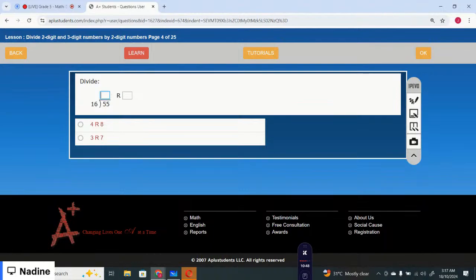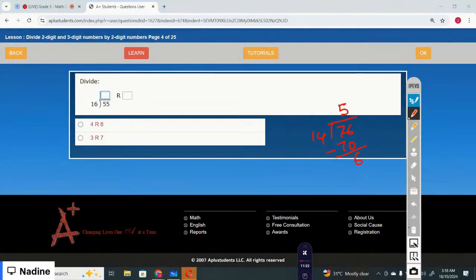55 divided by 16, which is the correct option? 16 times 3, right?